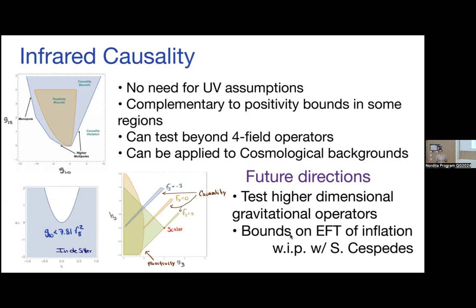So some of the future directions to do with this, of course, is to test higher dimensional gravitational operators, which is what most people will be interested in here. Of course, we're doing this step by step, since the scalar field is easier, then we do the spin 1, then we can start doing the spin 2 case. But it's also interesting to see how these bounds apply to theories that have spontaneous symmetry breaking, for example, of Lorentz symmetry, like the EFT of inflation.